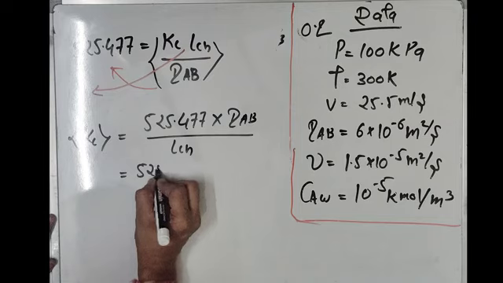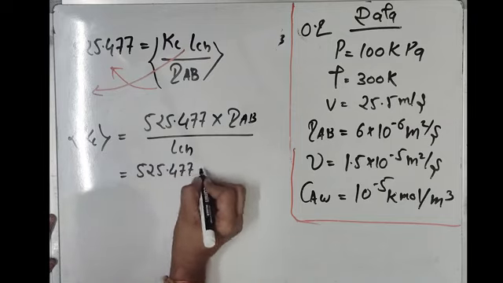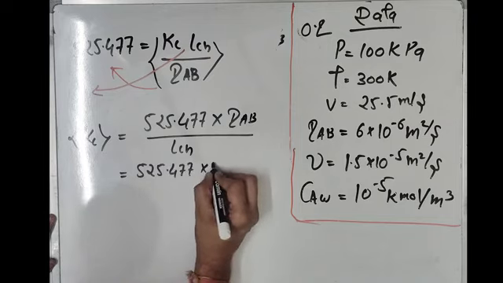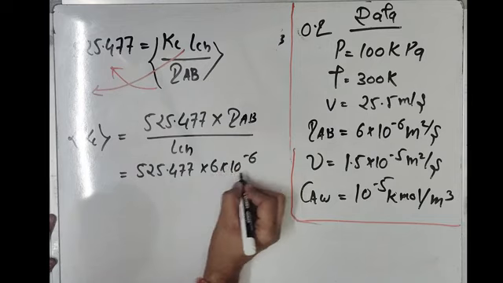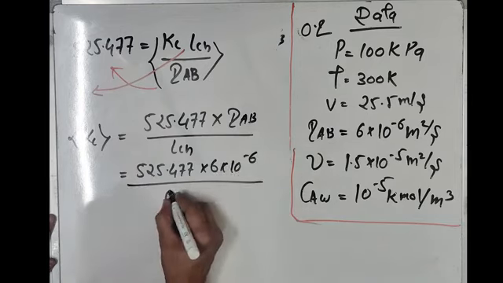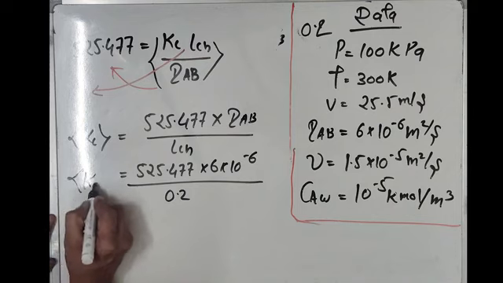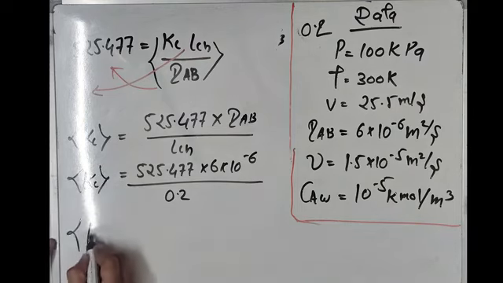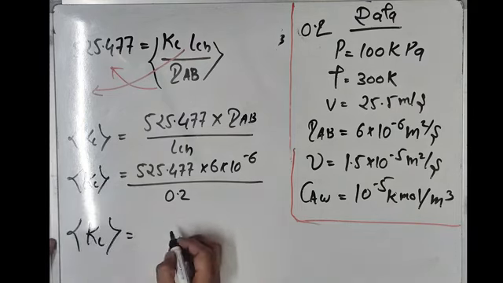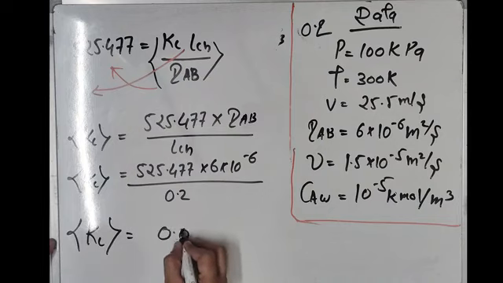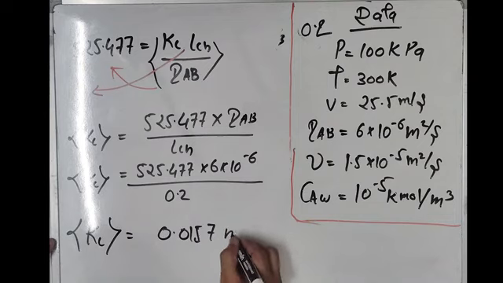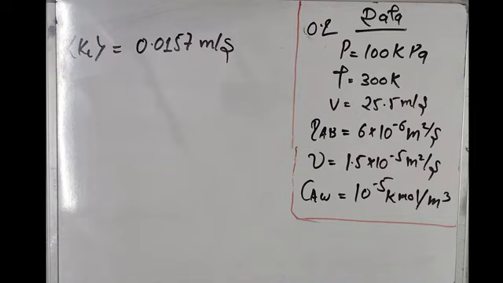Substituting the value of DAB, 6 × 10^-6, upon L_CH, which is 0.2, the value of Kc that we obtain will be 0.0157 meter per second. We have obtained the Kc value, the mass transfer coefficient.